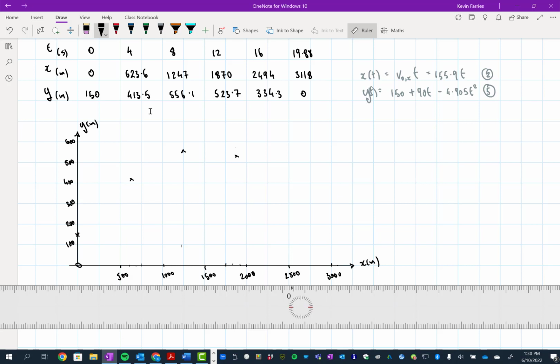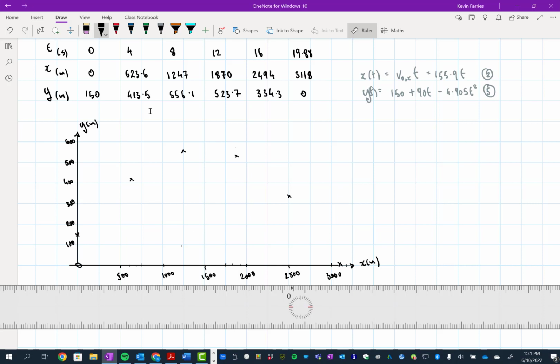At 16 seconds it's pretty much 2500, and it's 334, about here. And then at 3100, so that would be 2500, 3000 might be about here, 3118 might be about here. It's going to get back to 0.